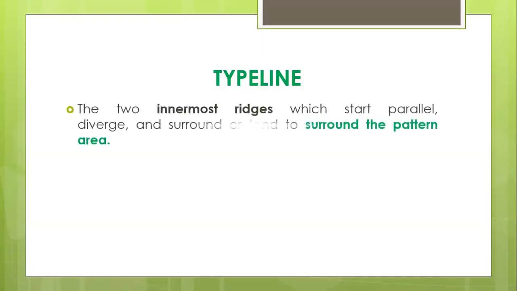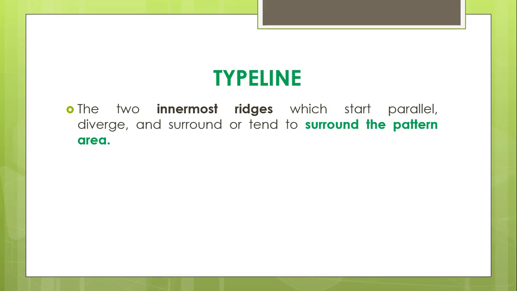So pag sinasabi nating type line, ano ba yan? Say type line are the two innermost ridges which start parallel, diverge, and surround or tend to surround the pattern area. So, in short, these are the innermost or the most inner ridges in the fingerprint pattern.